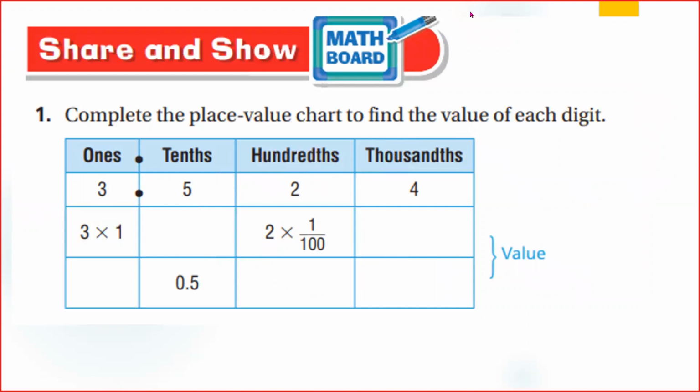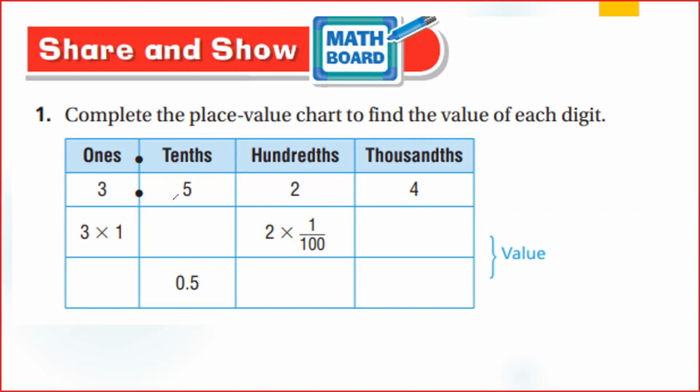Now, number 1. Here what do we have? 3 and 524 thousandths. How can I write now the value here? The first one, it's 3 times 1. The second one, it's 5 times what? Yes, Isra. 5 tenths.